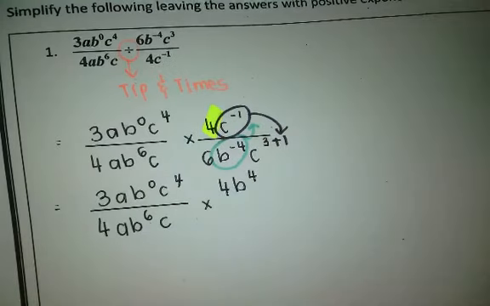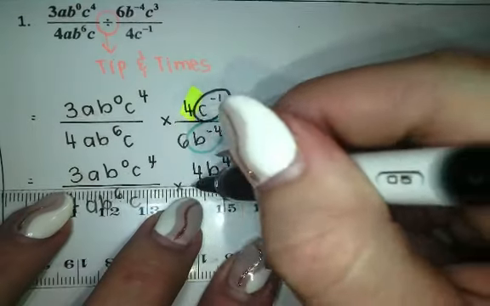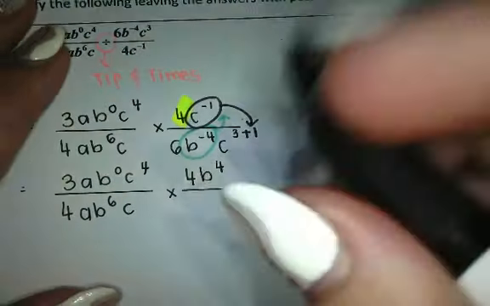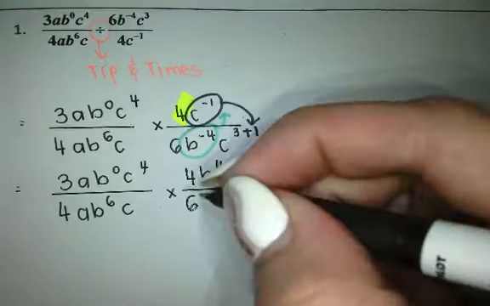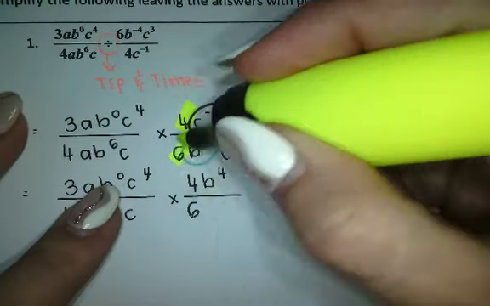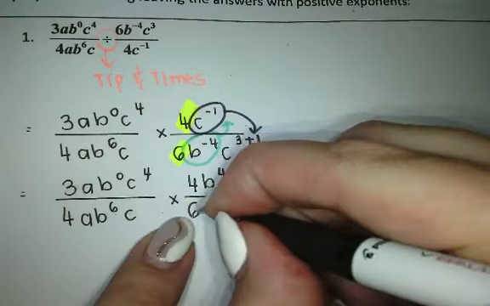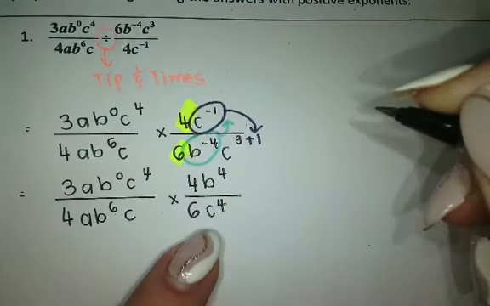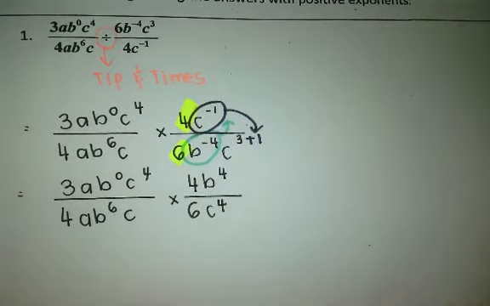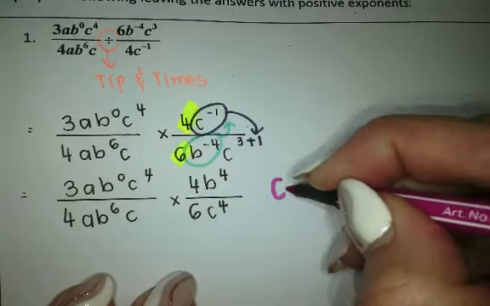Understand? So only b moves. At the bottom, 6 stays where it is because 6's exponent is 1. But what joins the 6 now at the bottom is c to the power of 4. Do you understand? Now, in this step, we can cross cancel.